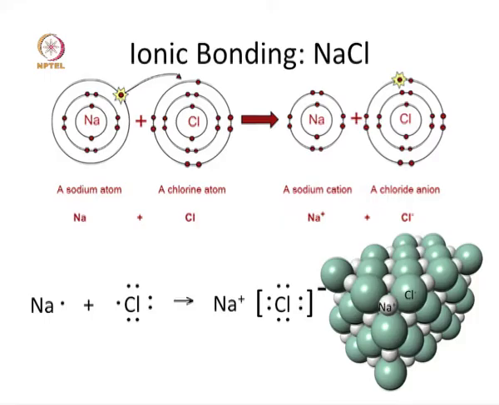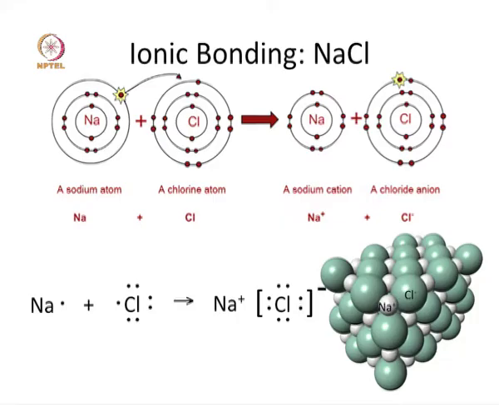So, in the case of ionic bonding, what happens is the single electron of the sodium atom in the outer shell is lost, what we now have is a positively charged sodium ion, a cation, and this electron is now transferred to the chlorine atom and it becomes a negatively charged chloride anion.